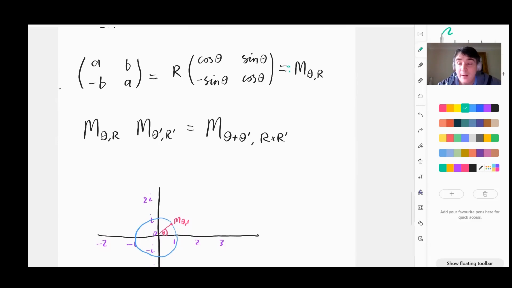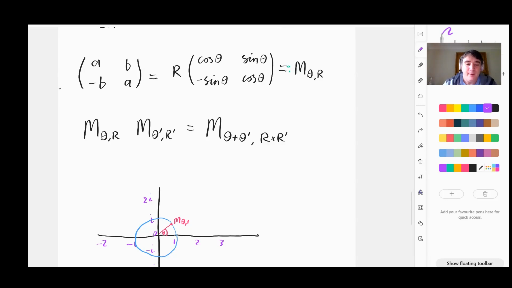Now, I should also just say that when I'm adding these angles here, of course, when you're adding angles, once you go around a full circle, you're back to zero again. So let's take the convention that there are 2 pi radians in a full circle. After you've increased theta from 0 to 2 pi, it goes back to 0 again.